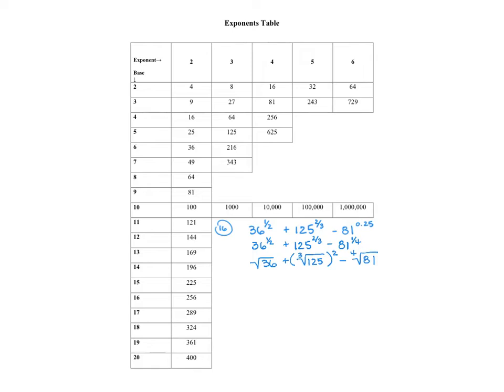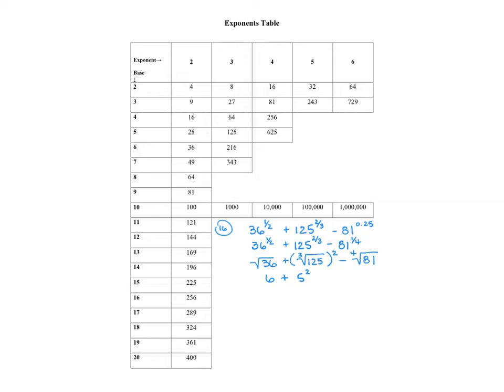Now the square root of 36 we probably all know is 6, but the cube root of 125 maybe not so much. So if I look in the exponent table under 3 and find 125 and follow it back, I find that the cube root of 125 is 5. So this becomes 5 squared.